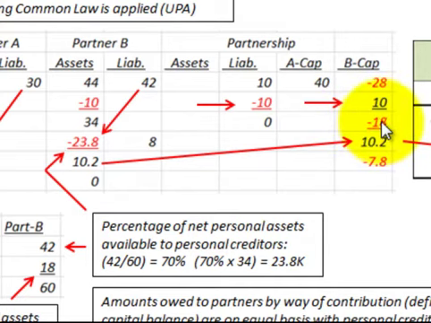So what we would do is further reduce this $18,000 deficit by taking the amount that we can apply to our capital deficit of $10,200. So we could move that over here and apply that to our deficit. We would subtract the $10,200 from the $18,000, and it would give us $7,800 that's remaining in partner B's capital deficit account.